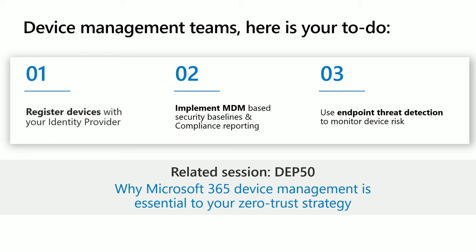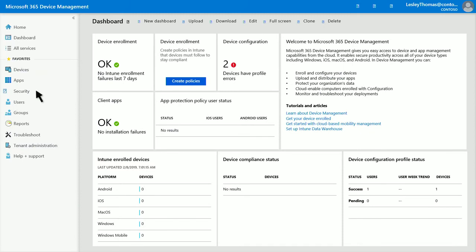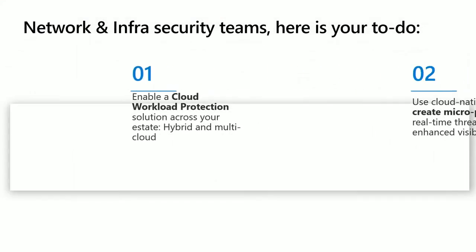You do these 3 steps, and you have the conditions that you need in order to set across identity and device literally 90% of the policies you would like to have across the org. So this is for device management. Again, this is how success looks. You have a dashboard, you see all the devices, you see how many are compliant, how many are enrolled, and you know that you know your landscape.